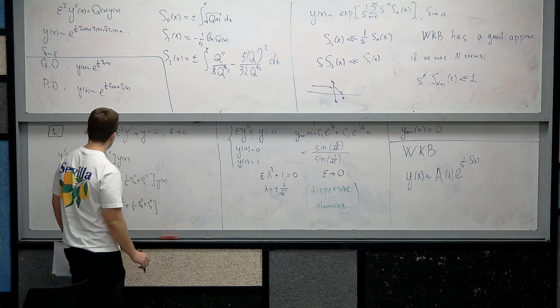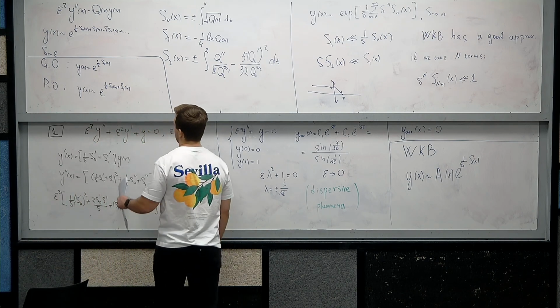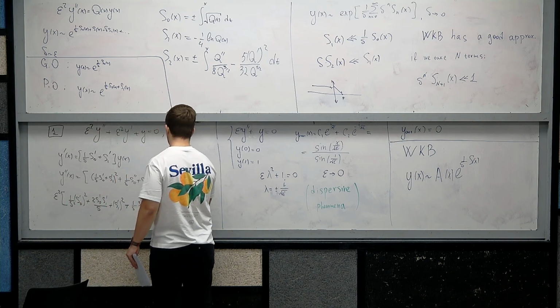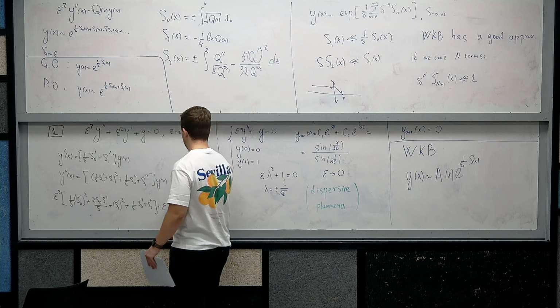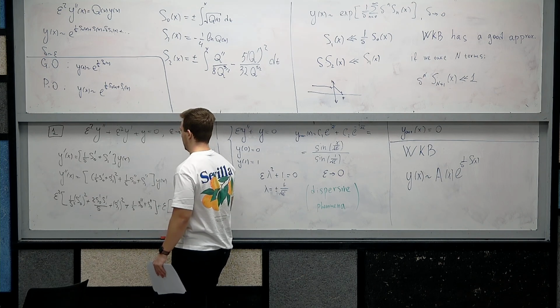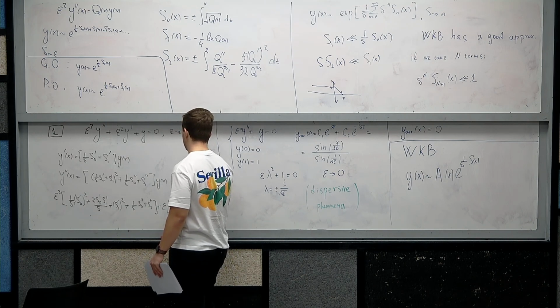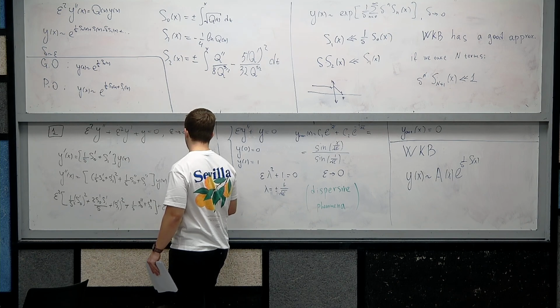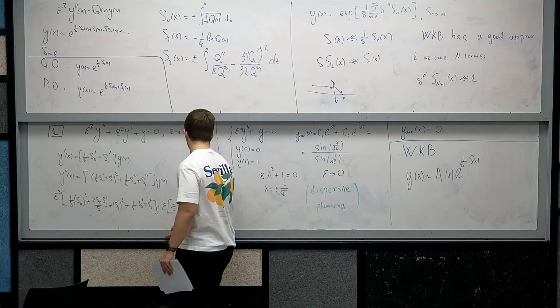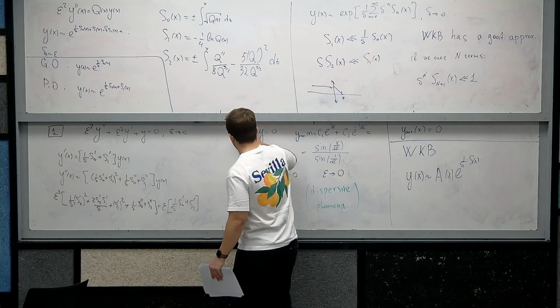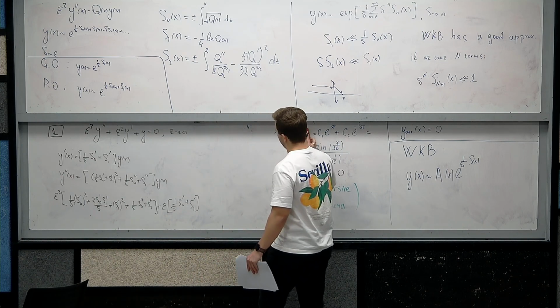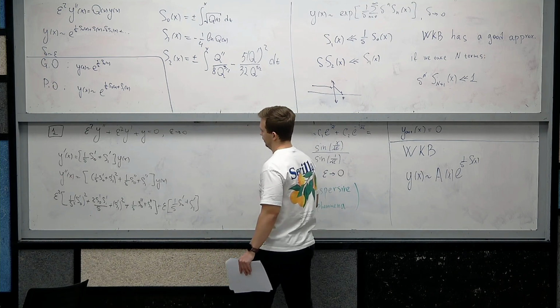This is the first term, then plus epsilon times 1 over delta S naught prime plus S1 prime, and the third term is plus 1.